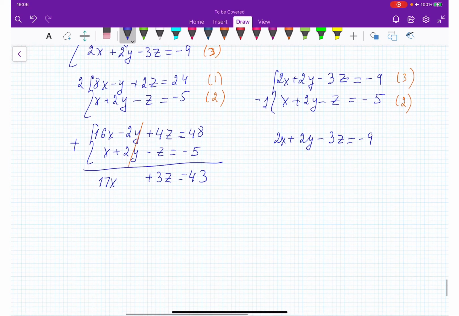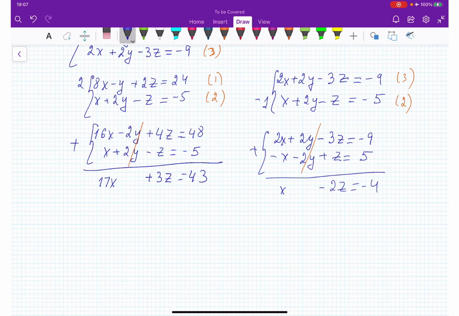And here I'm getting negative x minus 2y plus z, and I'm getting positive 5. Once I add it, y is going to be gone. We get x minus 2z, it's equal to negative 4. All right, so this is equation 4, this is equation 5.